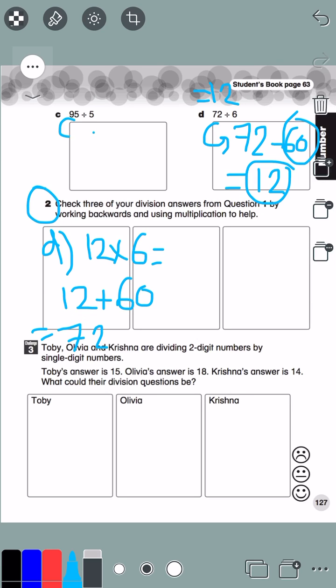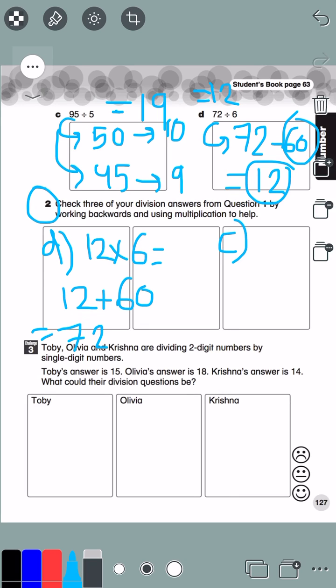Now here we split the 95 into 50 and the remainder, 95 minus 50 equals 45. 10 times 5 equals 50, and 9 times 5 equals 45. So the answer was 19.